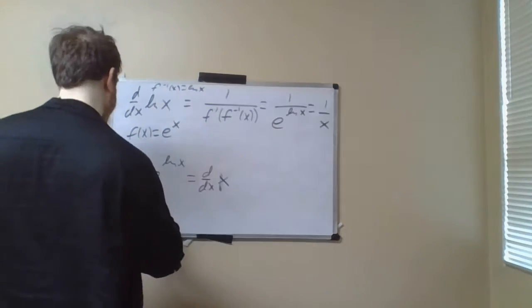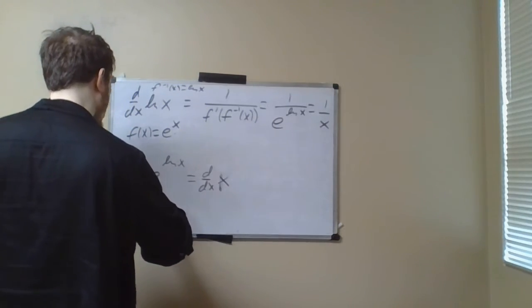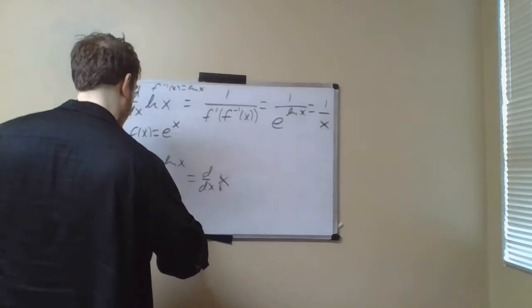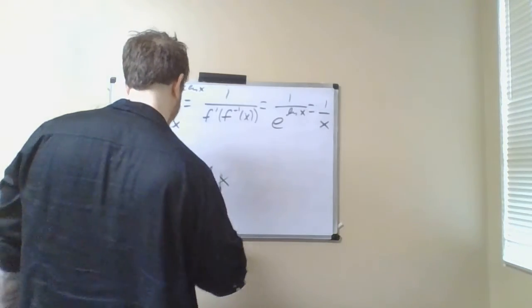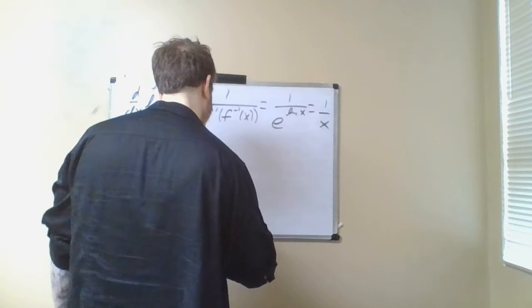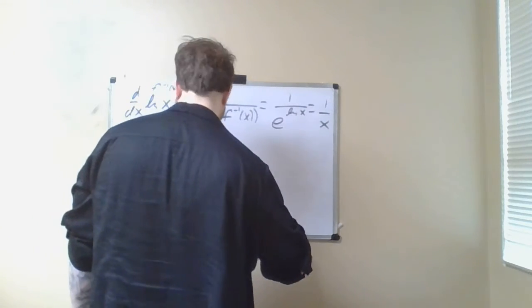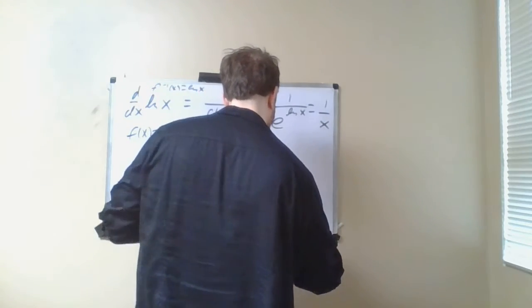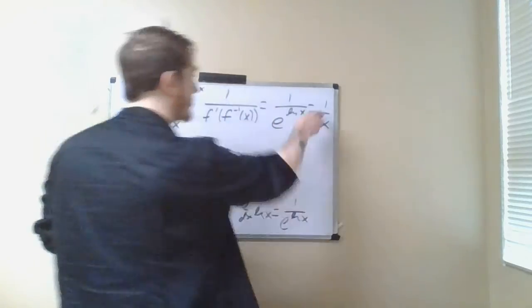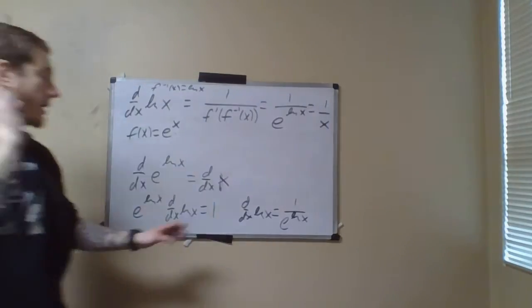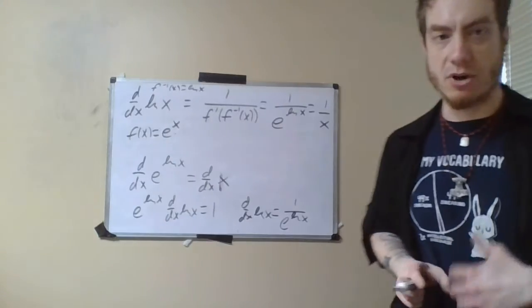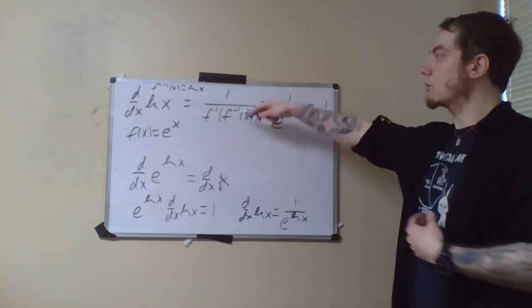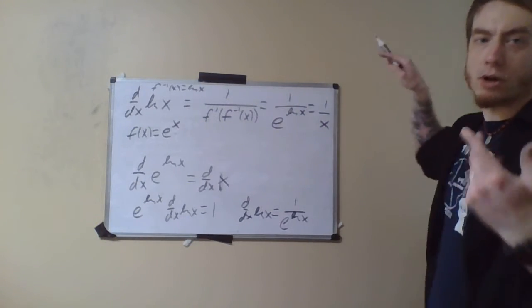So that gives me e to the log x times the derivative of log x equals 1. That tells me the derivative of log x is equal to 1 over e to the natural log x, but of course that's just 1 over x. So we can use implicit differentiation directly to get this, or we can use the formula that we just worked out before.